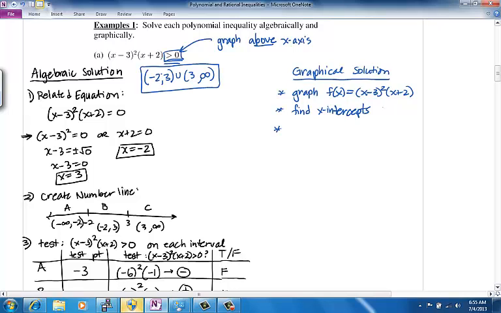So graph the function, find the x-intercepts, determine the x-intervals over which the graph is above the x-axis.